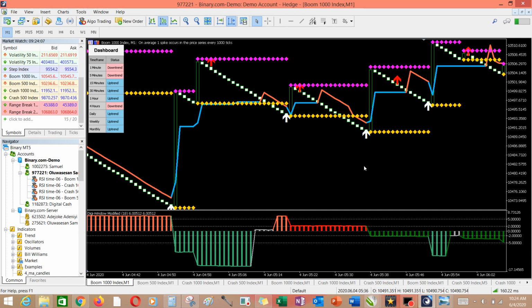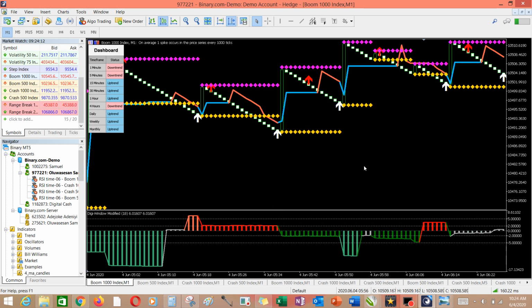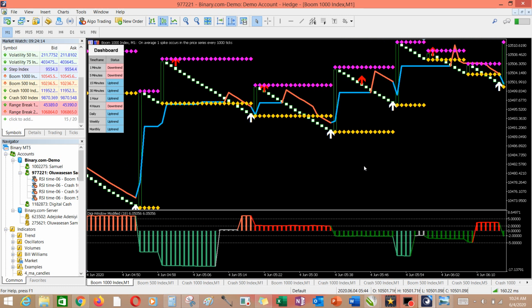I've actually explained breakout before, and for you to be able to know this strategy, you should know what your support and resistance level is, because this will help you identify where it is retesting and where it is most likely to break out. And I think it is based on this strategy that range break was also created. You know, range break 200 and 100, the new assets on MT5 for binary.com.